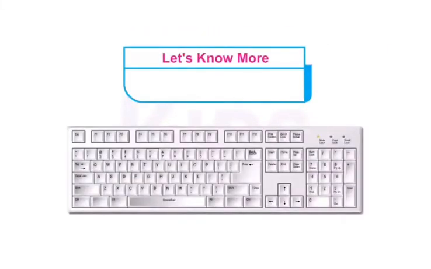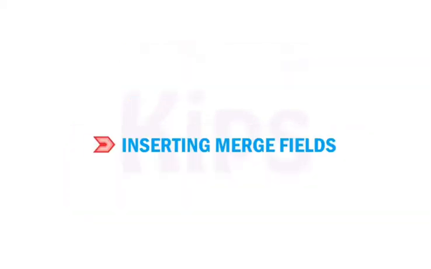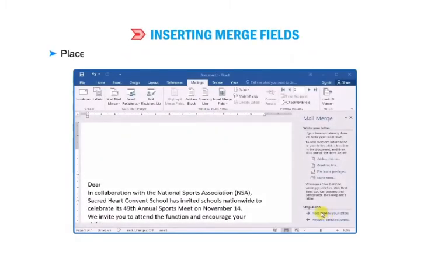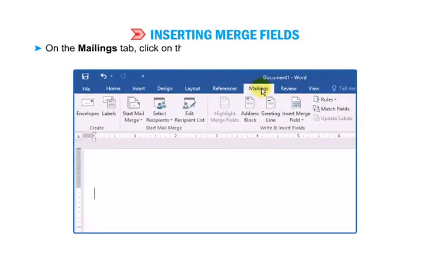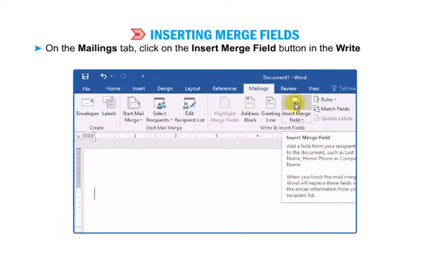Students, let us know more. Press the Tab key to move between fields while typing the information. Now find out how to insert merge fields. Place the cursor at the position where you want to insert the record fields. On the Mailings tab, click on the Insert Merge Field button in the Write and Insert Fields group.